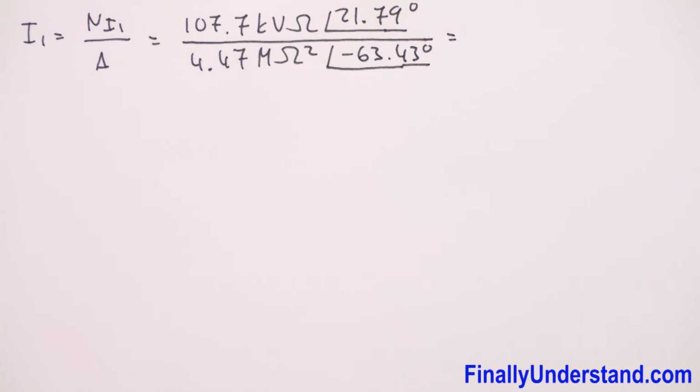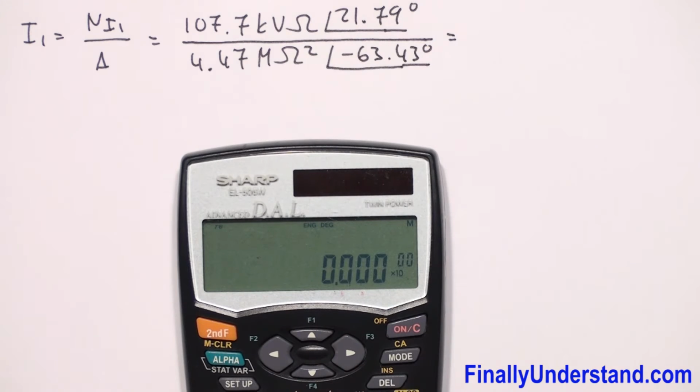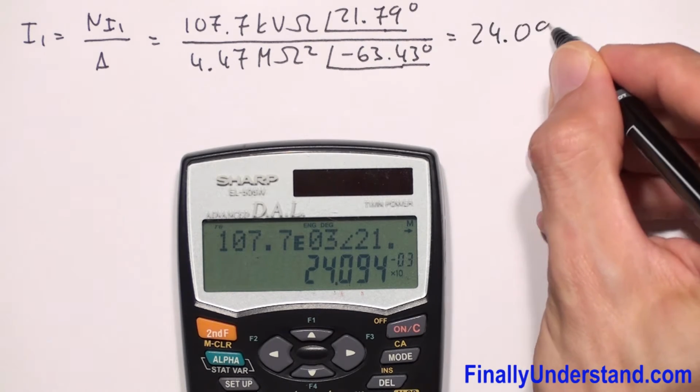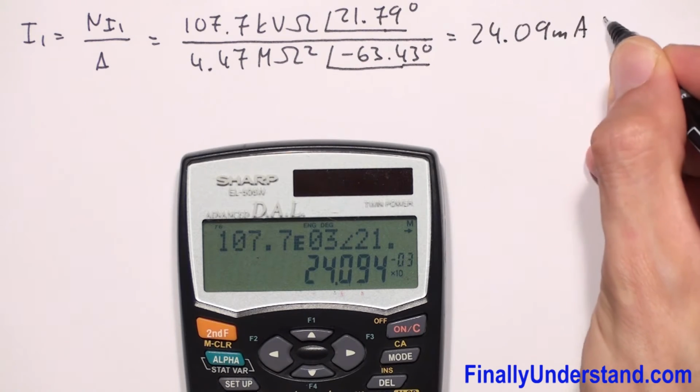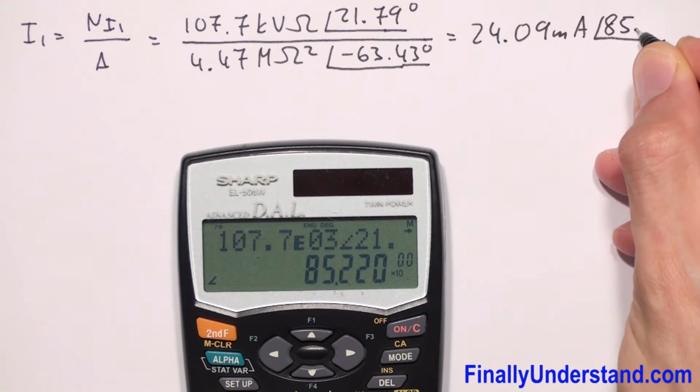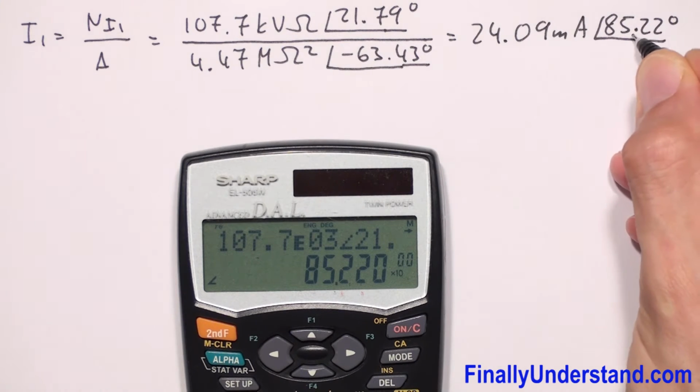Okay, so this is equal to 107.7 exponent 3, angle of 21.79 divided by 4.47 exponent 6, and angle of 63.43 negative. This is equal to 24.09 milliamps and angle of 85.22 degrees.